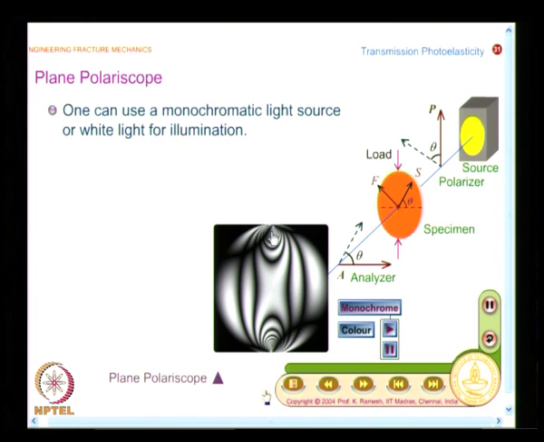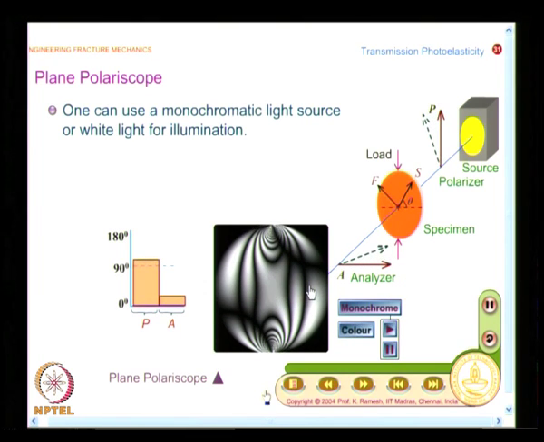And now, the question is, I see two dark bands here, are they the same as these other dark bands or not? So, what we will do is, we will now rotate the polarizer and analyzer combination, keeping them crossed, and let us see what happens. So, now I rotate them.